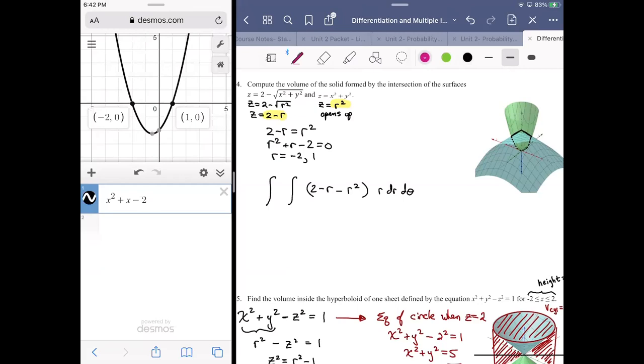An r value of -2, yeah, you can have an r value that's negative, but it doesn't seem to be relevant in this case. Because that would put us below the xy plane, and it looks like the relevant part of this is, well, actually, no, it wouldn't put us below the xy plane.